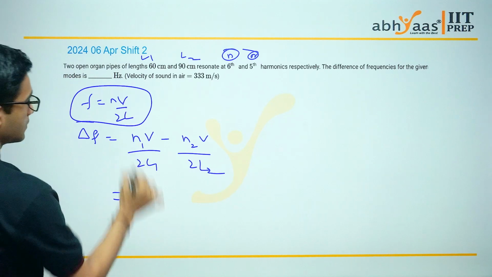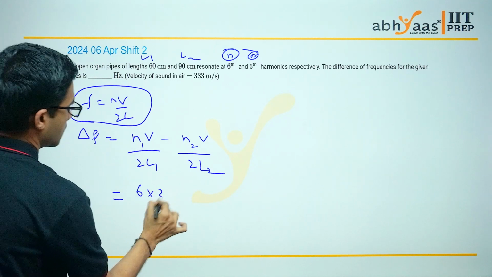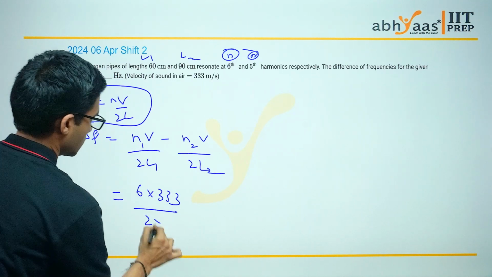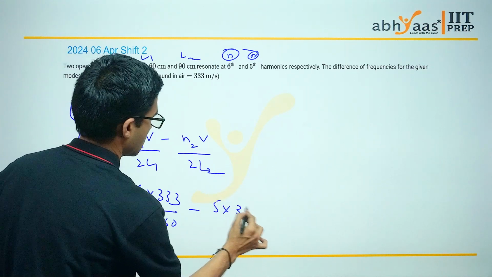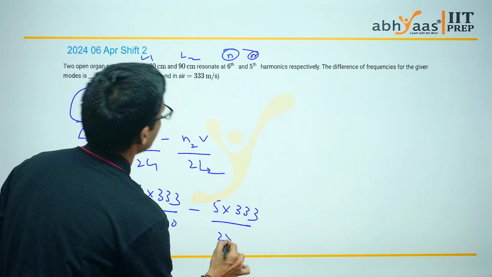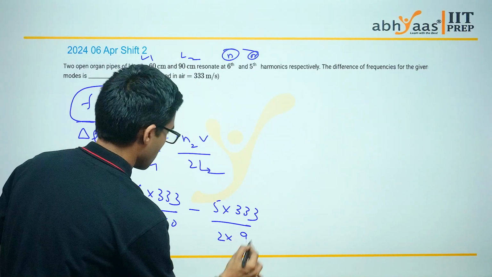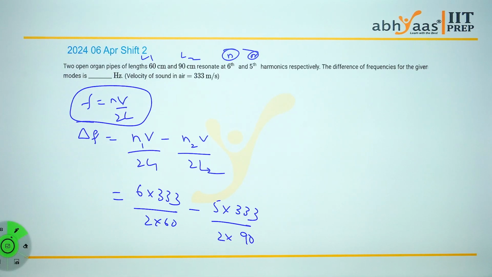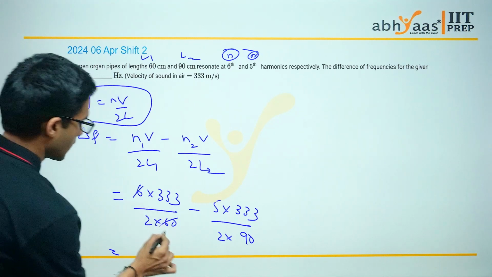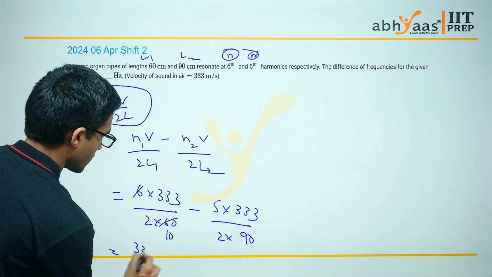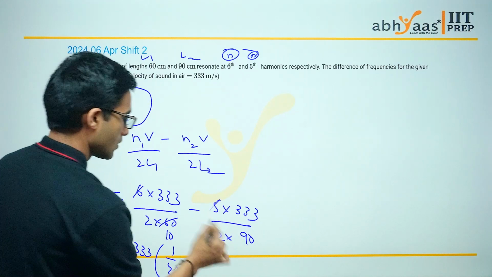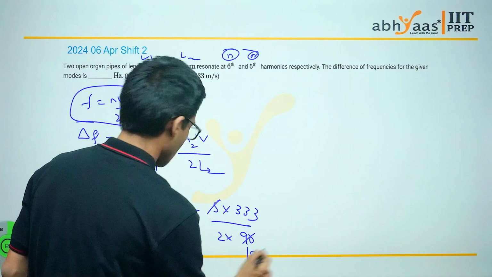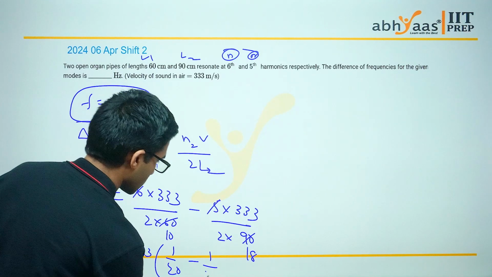Then 6 into V, V is 333, by 2 into 60, minus 5 into V, V is 333, by 2 into L2, which is 90. If you try to calculate, you take 333 common: 1 by 20 minus, since 90 means 180, 1 by 36.